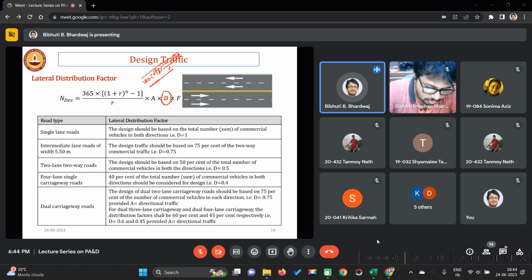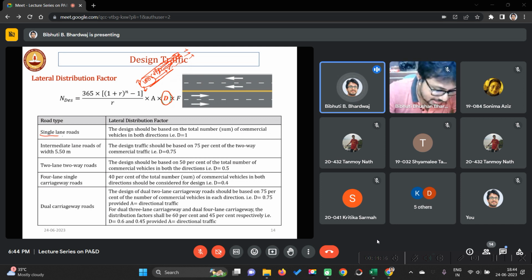If there are more than 2 lanes, then some vehicles will go like this, some will go like this, some will go to the center, so it will be distributed laterally. So in that case you need not consider the entire 100 CVPD for design. You can reduce it if the number of lanes is more than 1.